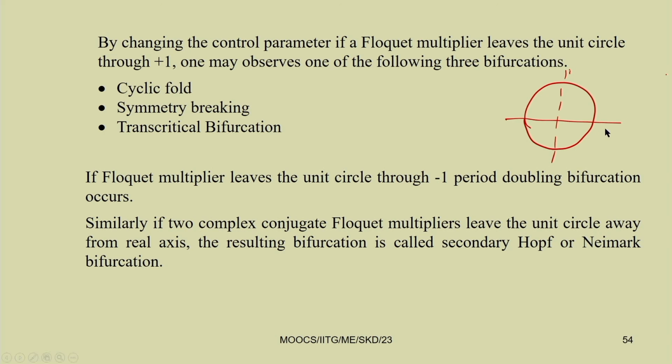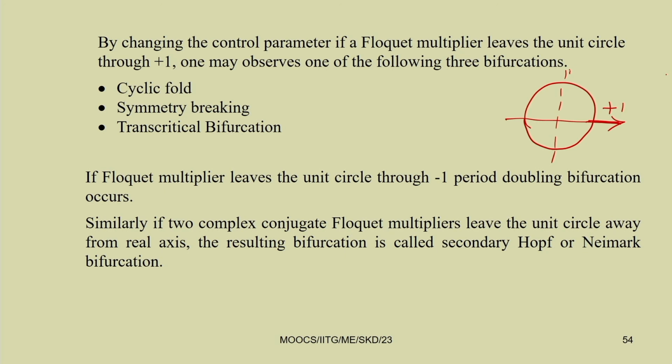We will have three types of bifurcation: cyclic fold bifurcation, symmetry breaking bifurcation, and transcritical bifurcation. Cyclic fold bifurcation is similar to the saddle node bifurcation. We will see that.